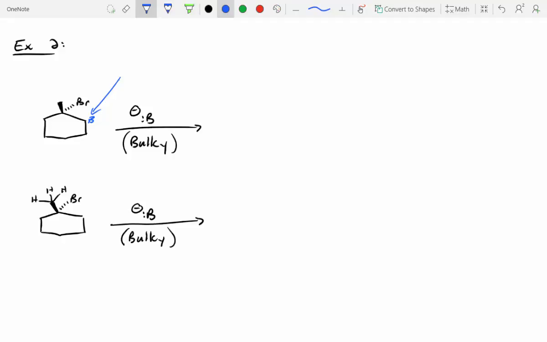You might want to go back in your notes from the pod too, or notes from cyclohexene E2 reactions. I'll draw them both in here for good measure. This bromine up.